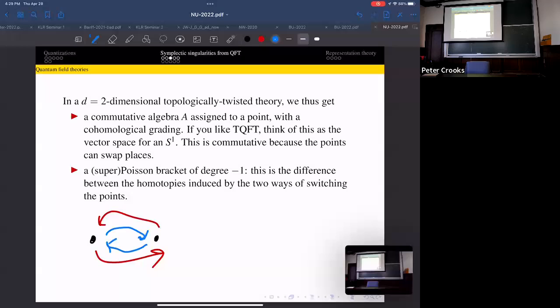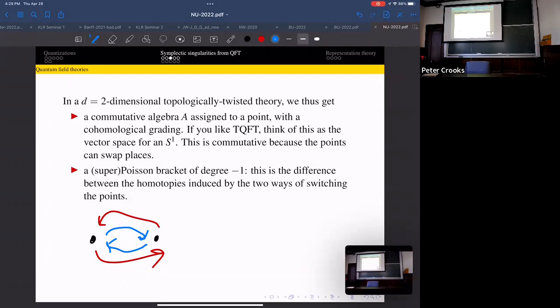And so if I take the difference between those homotopies, I'm going to get an actual chain of degree 1. And this is what's called the Gerstenhaber bracket. So this is the difference between the 2 homotopies that come from the 2 ways of switching.